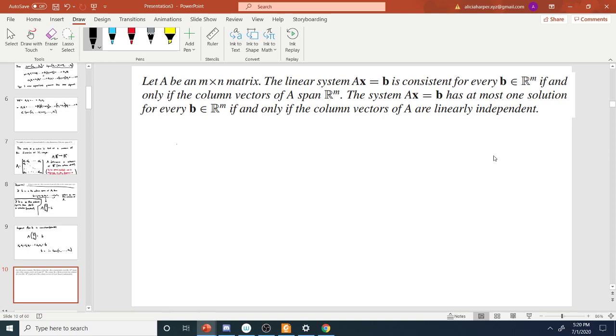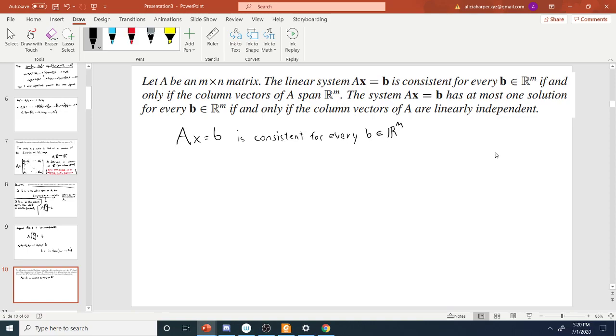So AX equals B is consistent for every B in Rm.